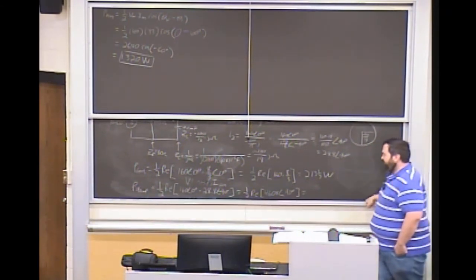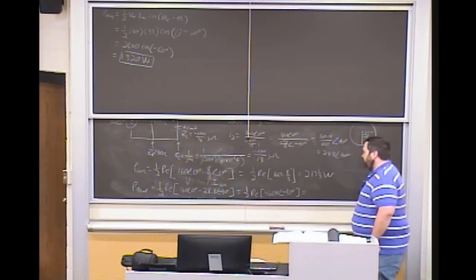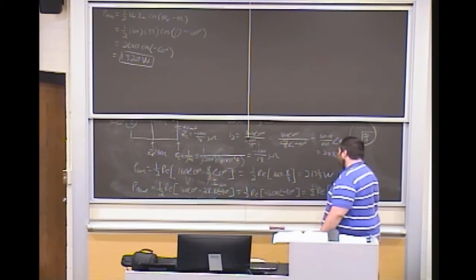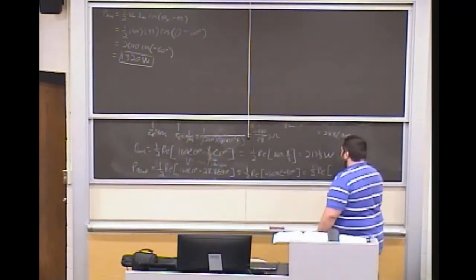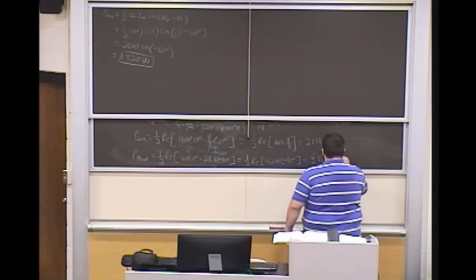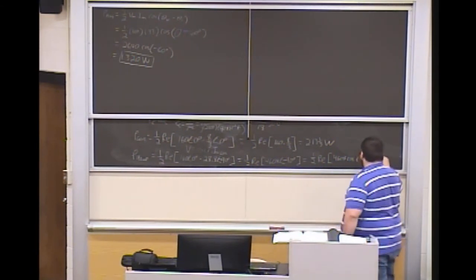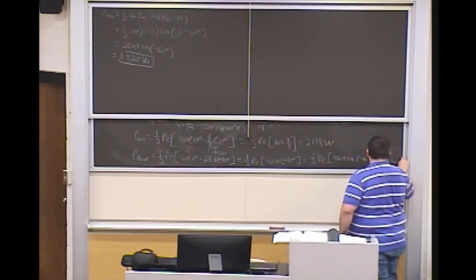So now I've got this. This should be negative 90. And so now let's go ahead and put this back in terms of a complex pair and figure out what the real part is. So if we take this phasor, this works out to be 4608 cosine of negative 90 degrees plus 4608 J sine of negative 90 degrees.